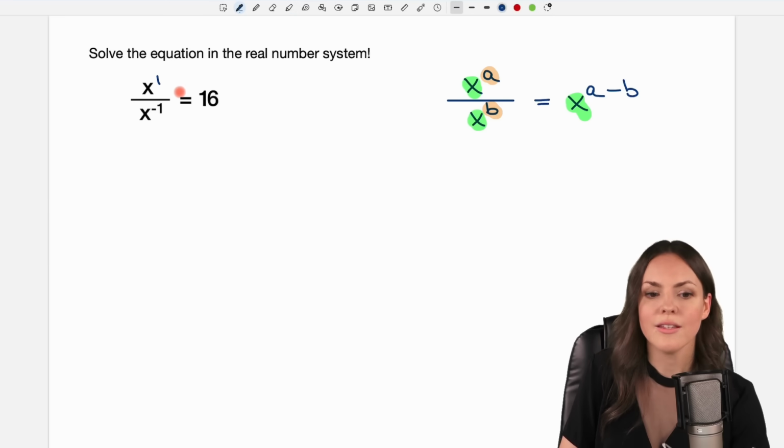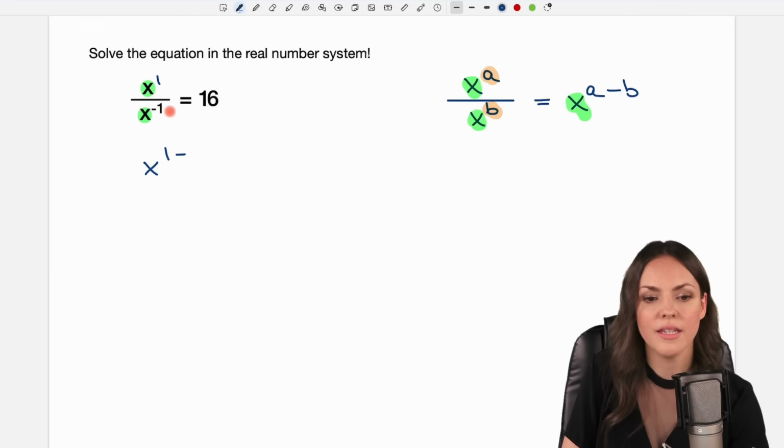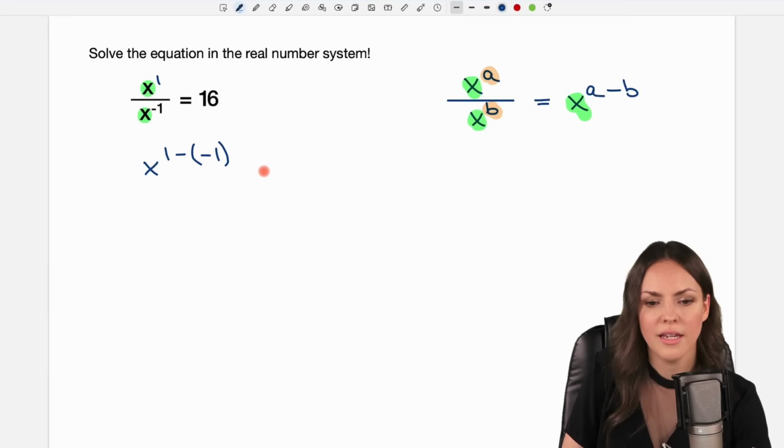So let's apply this rule here. Our base stays the same. This will be x, but our exponent is the upper exponent, so my 1 minus the other exponent here, so I subtract the -1 here. I write it in parentheses, and on the other side I have the 16.